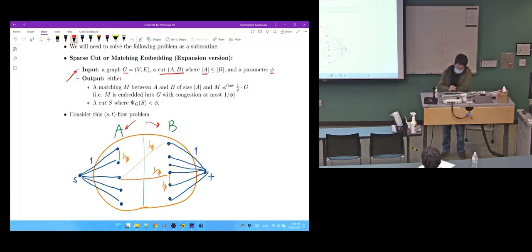Then what we would do is, one case is that we will find a sparse cut, which has small expansion. Otherwise, it's very similar to what I just said for the expander, but here you return a matching. The matching is between A and B, and the matching is of size A. But now you can embed this matching into G with small congestion.